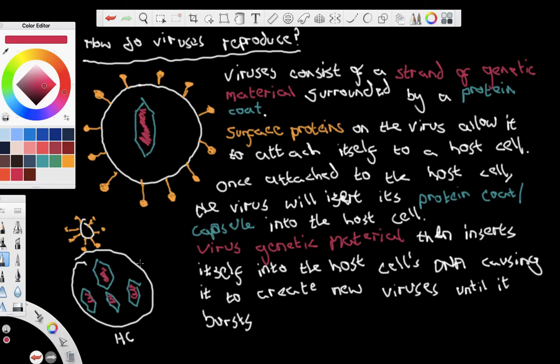So the virus will attach itself to the cell with these surface proteins. It will insert this protein coat or capsule into the host cell. The protein capsule contains the virus's DNA or genetic material. The genetic material will join with the DNA of the host cell. The host cell will then start to make more viruses until it bursts, releasing them to infect other cells.